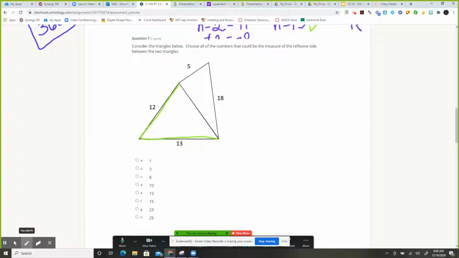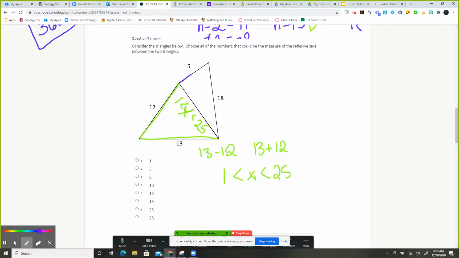So what's 12 minus 13 or 13 minus 12? 1. And then it has to be smaller than 13 plus 12. So that's 25, right? So this side here can be anywhere between 1 and 25. That's an X, by the way. It's just not very neat.